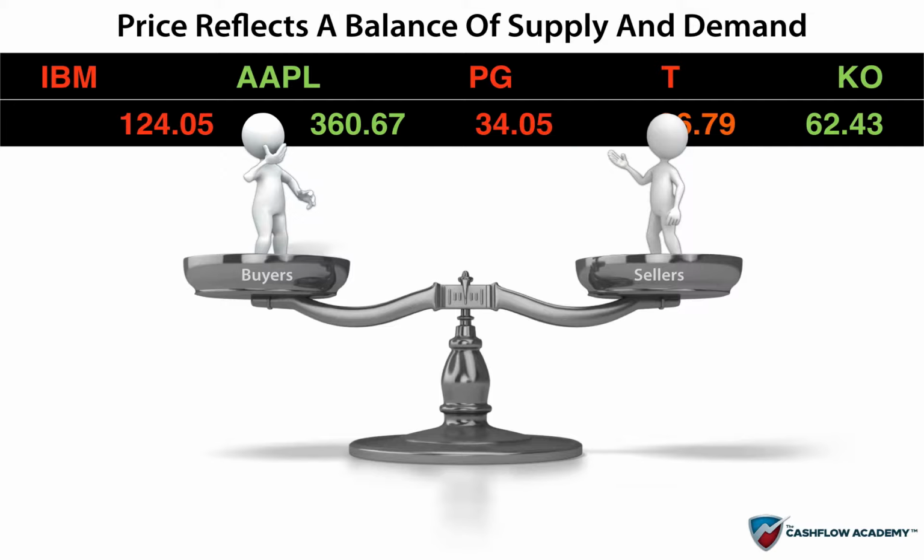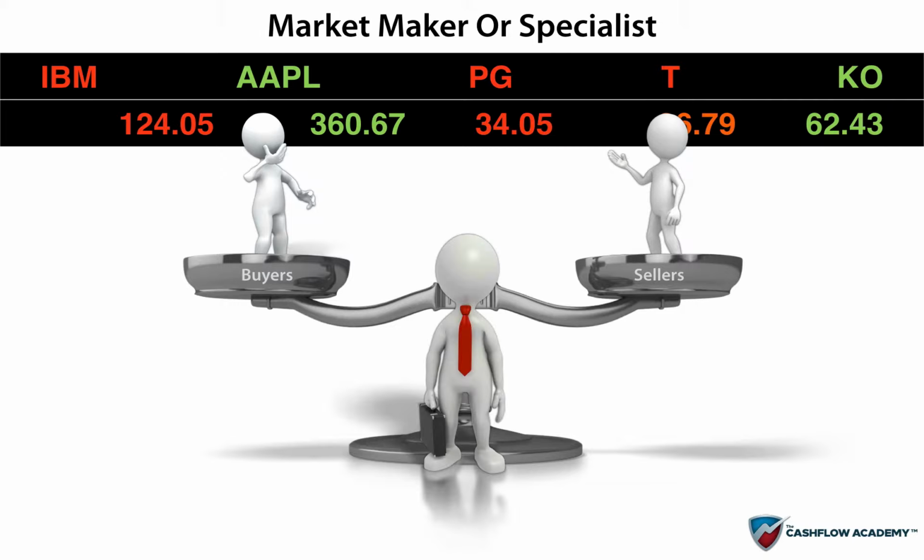I don't know that I'm that much of a speculator, but there is a lot of speculation that goes on. And so we have buyers, scratching their chin, thinking, well, should I buy this? What should I pay? And sellers thinking, I'll offer you this, if you'll buy my stock from me, here's my asking price. And in the middle of all this, there's someone called a specialist or market maker.